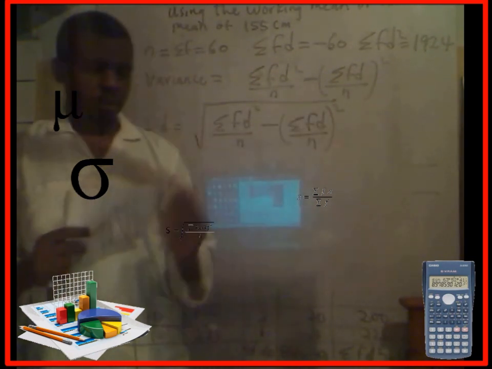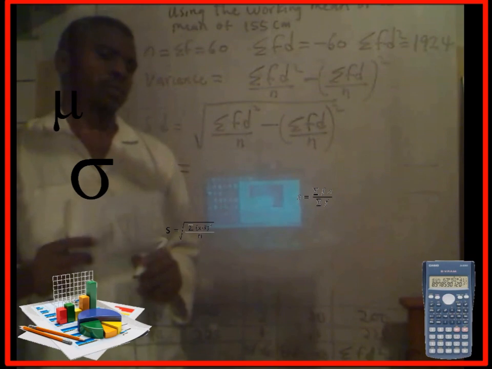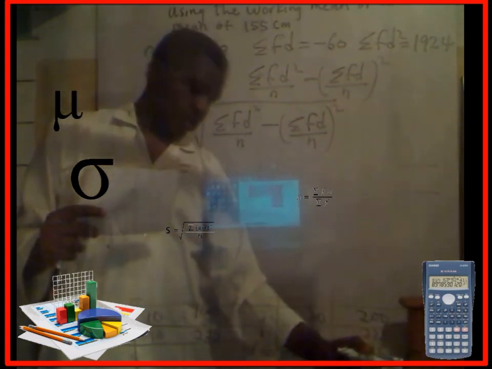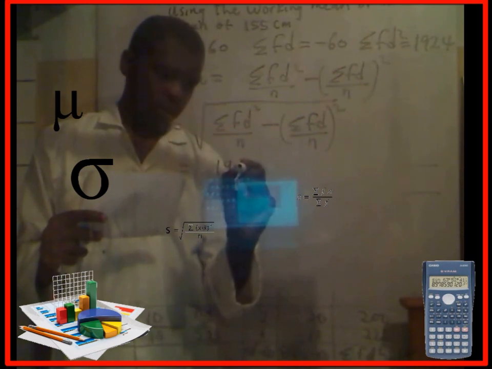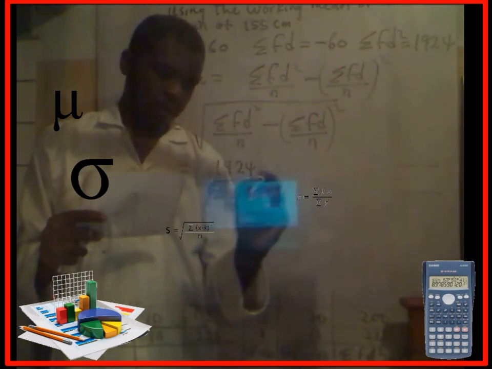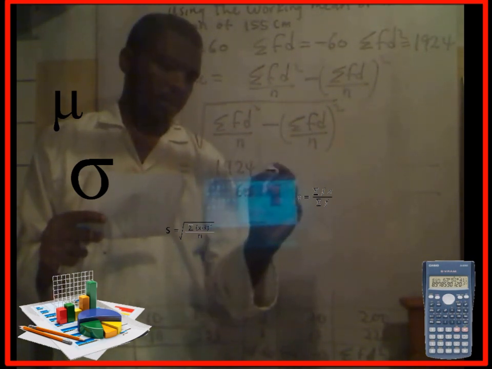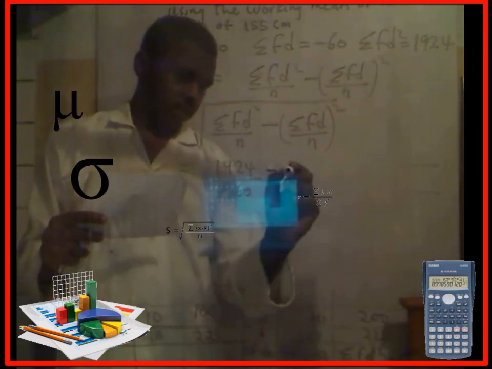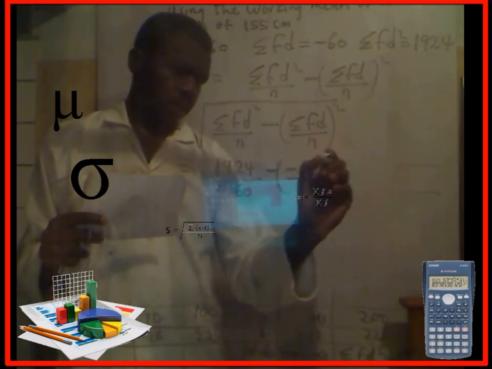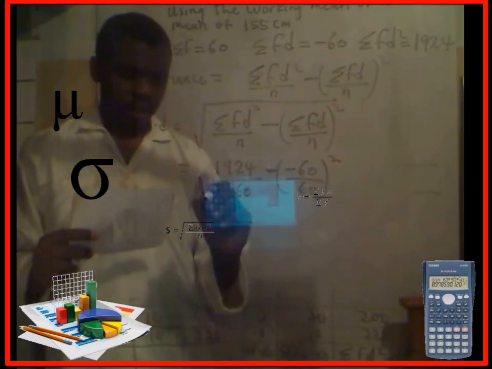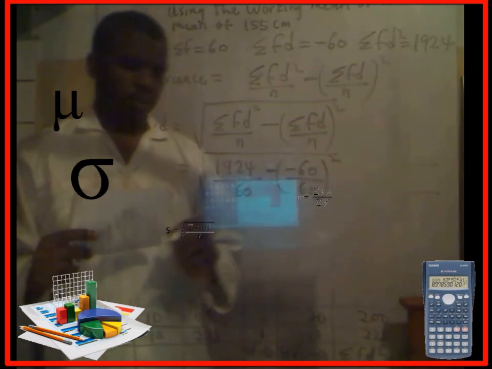So this will give us 1924 all over 60, minus 60 all over 60, all square. This is all to the root.